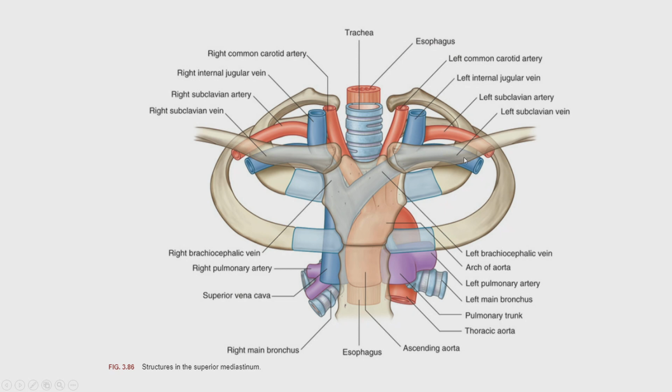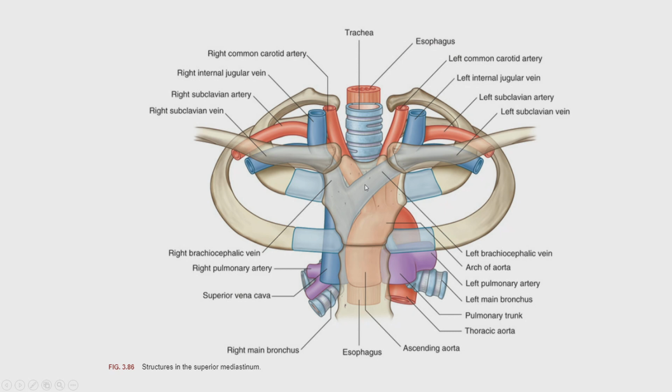These two veins join together and make the brachiocephalic vein. This place of union of these two veins is called the venous angle, or angulus venosus, which we are going to discuss, and it's a very important part for the drainage of the lymphatic system, the thoracic duct and right lymphatic duct.